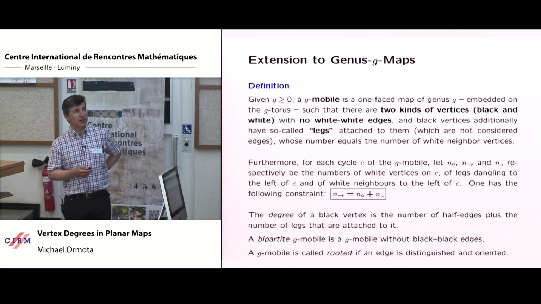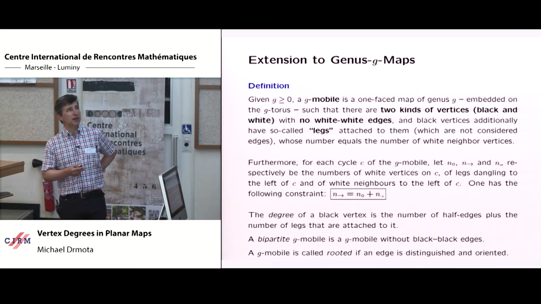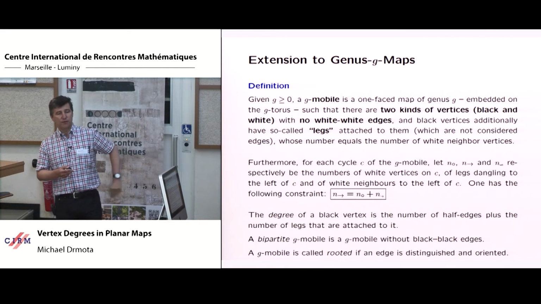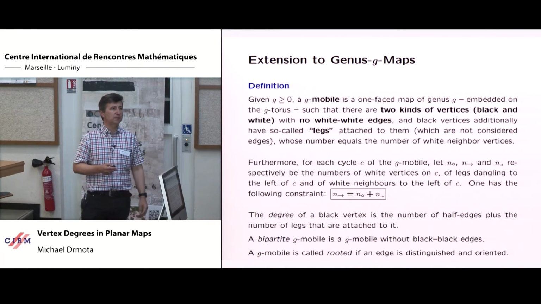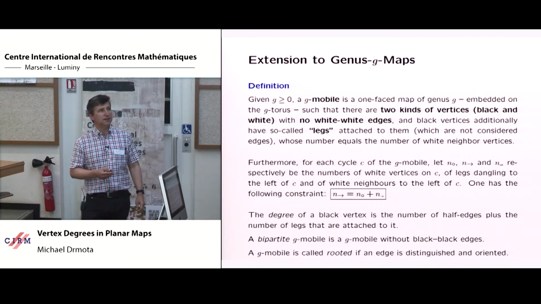Otherwise it's precisely the same. There are no white edges. The number of legs is again the number of white neighbors of a black vertex. You can define the degree in the same way. You can define a bipartite G-mobile where you have no black edges, and you can root it.